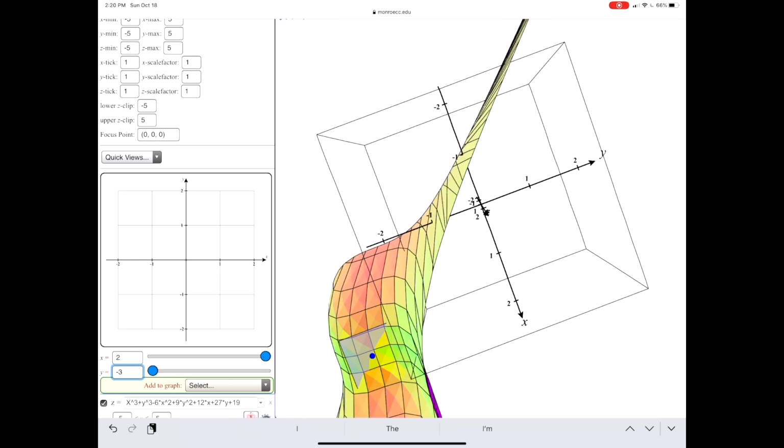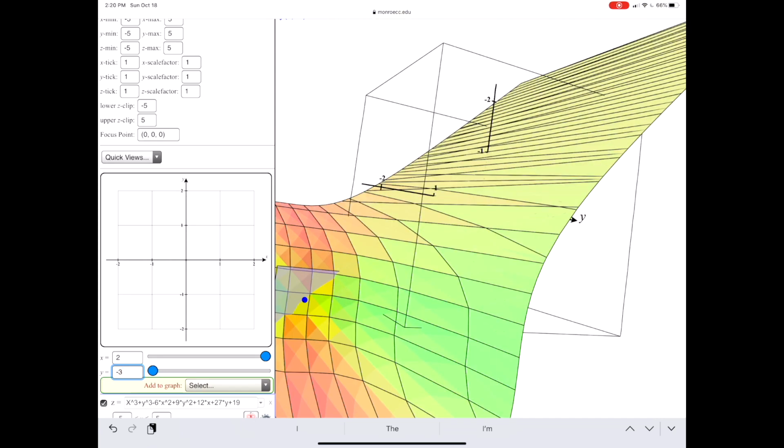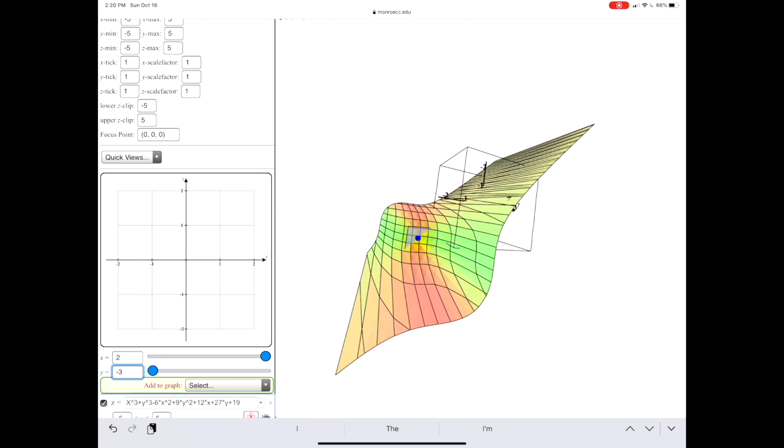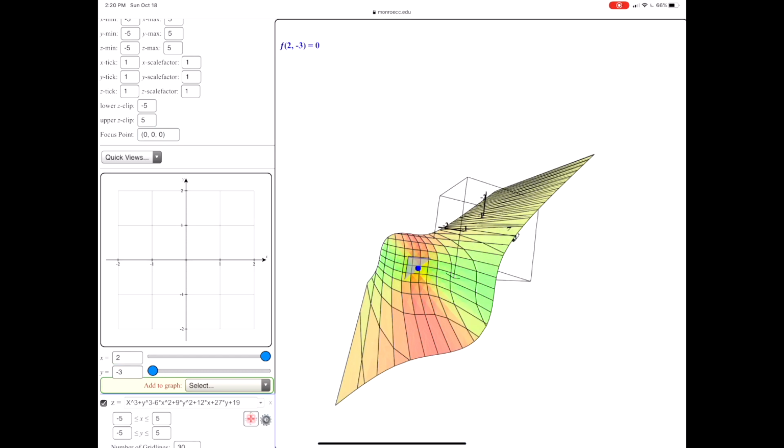And that's what this is looking like here. So it looks like f at 2, negative 3 has an output of 0.